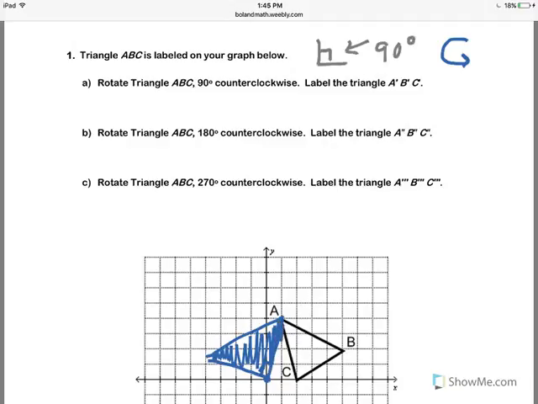Then you can see that if we're rotating around the origin, this point A would now be over here, because we are taking it from point A and moving it around. So its new coordinates are going to be right here. Okay, and that's how you have to visualize moving each point. So our new point would be A prime.